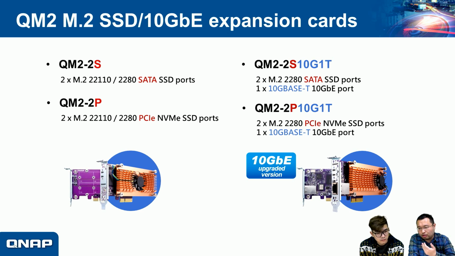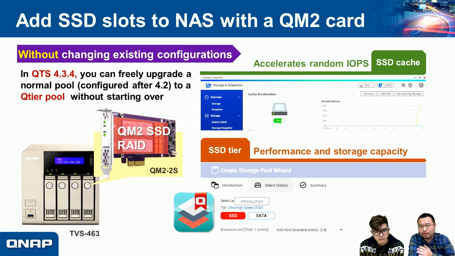Let's take a look at what you can do after installing the QM2 card on the NAS. After you add the QM2 card to a NAS that has no SSD cache slot or specifically designed 2.5-inch SSD tray, take the TVS-463, a 4 bay NAS with 1 PCIe slot, as an example.